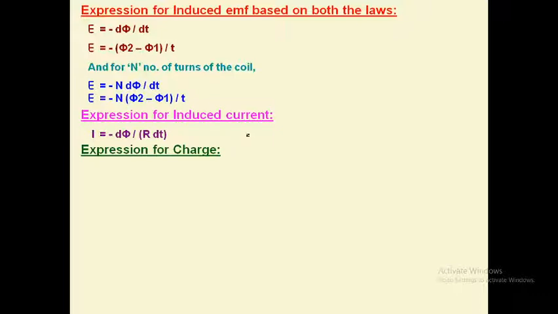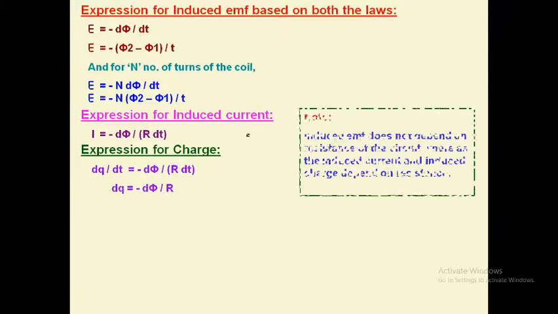Expression for charge: we know charge is equal to current into time, so it will simply be minus d phi upon R. We know dq upon dt is the current, which is equal to minus d phi upon R dt. dt and dt will get cancelled, and we will have dq equals minus d phi upon R. So you have to remember the EMF does not depend on resistance, but the current does depend upon the resistance.